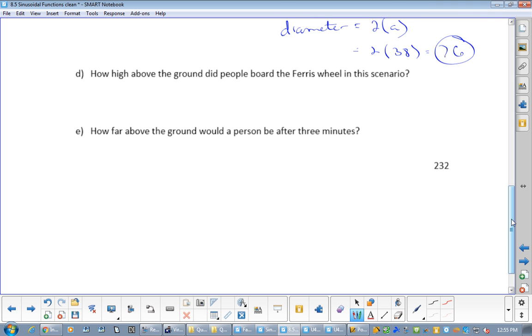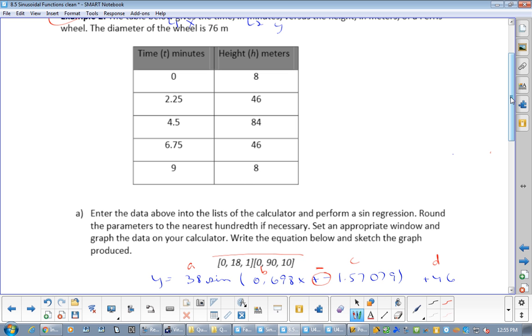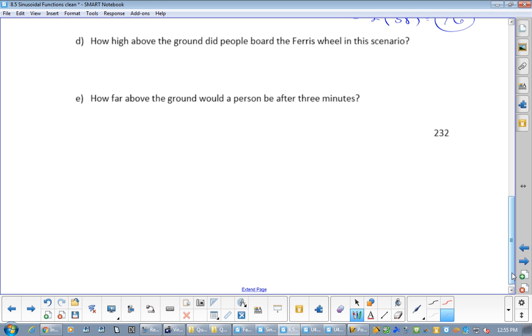Now how high above the ground did people board the Ferris wheel? 8 meters? Okay, good, so you're using the chart. Say you were someone like me who would ignore the chart.